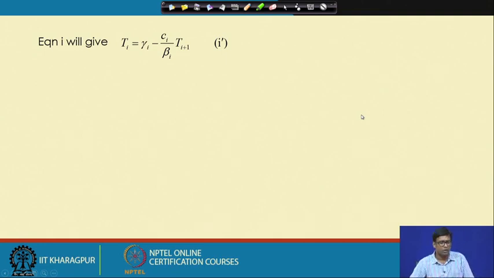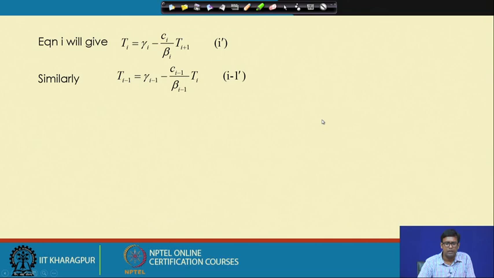So, equation i will give a general form Ti is equal to gamma i minus Ci by beta i times Ti plus 1. This gamma and beta will change for each of the terms. So, equation i is converted to equation i prime. Similarly, equation i minus 1 will also have a similar form, Ti minus 1 is gamma i minus 1 minus Ci minus 1 by beta i minus 1 times Ti.